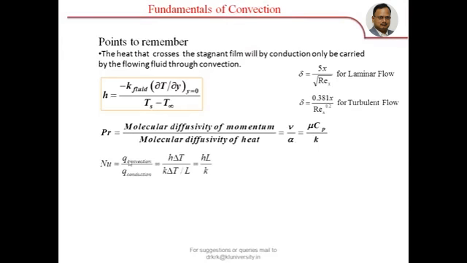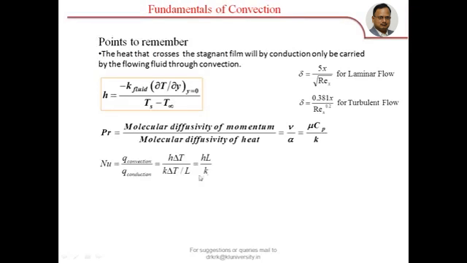The Nusselt number is defined as the heat flux by means of convection in the fluid to the heat flux by means of conduction through the film formed at the wall where the molecules are at rest.